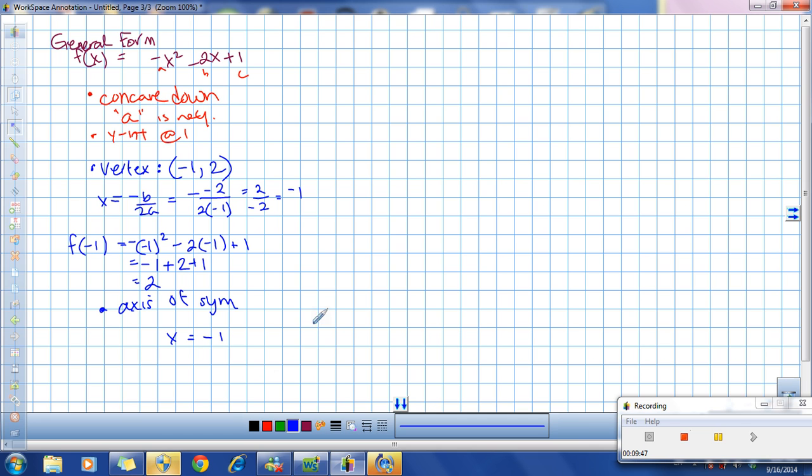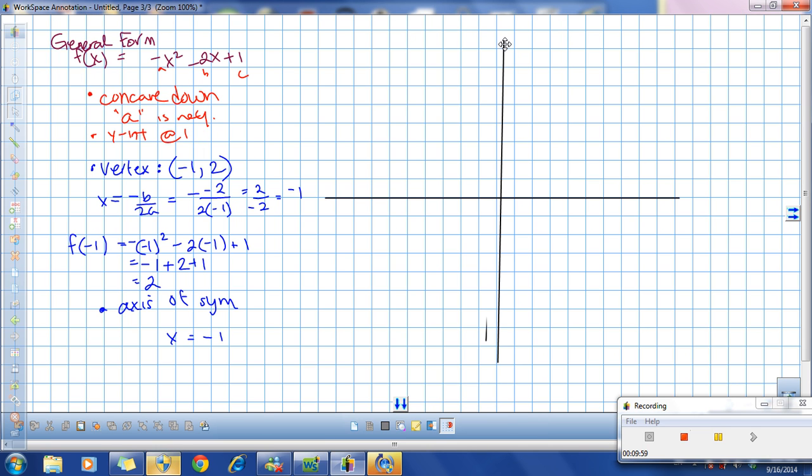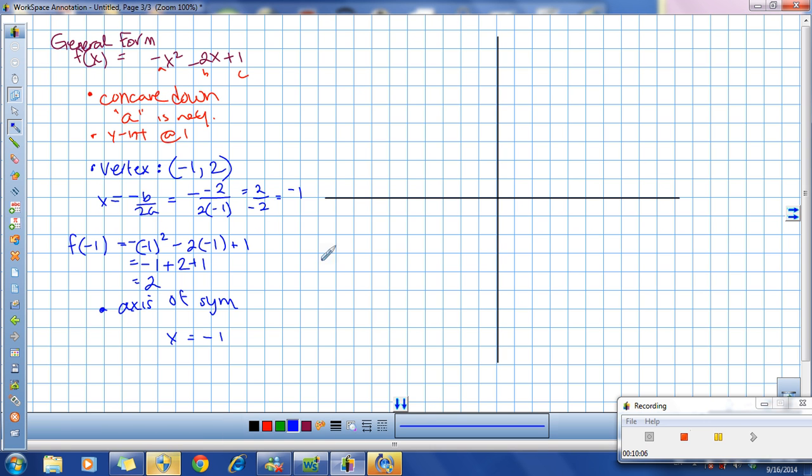So when we graph, I gave you notes today, and I told you guys to plot certain things first. Okay, the first thing that you want to put on this graph is your vertex, so negative 1, 2.